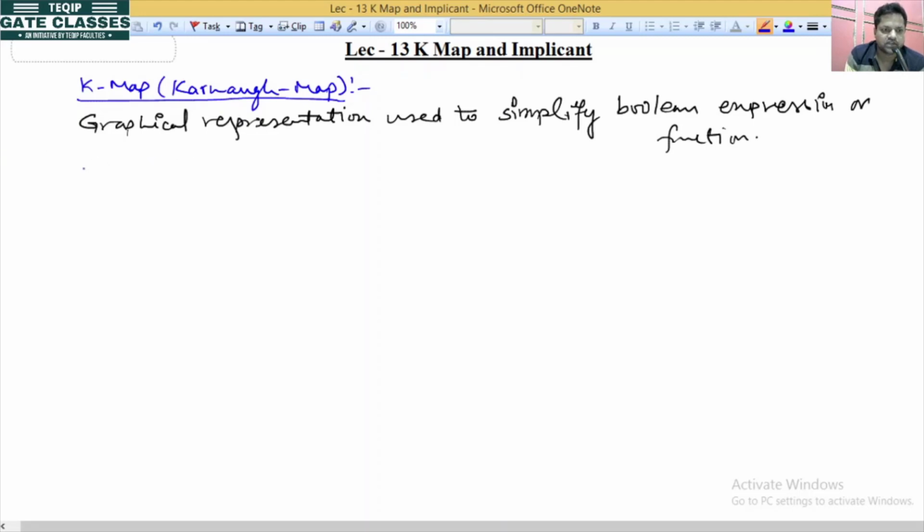Now, types of K-map. There are two types of K-map.